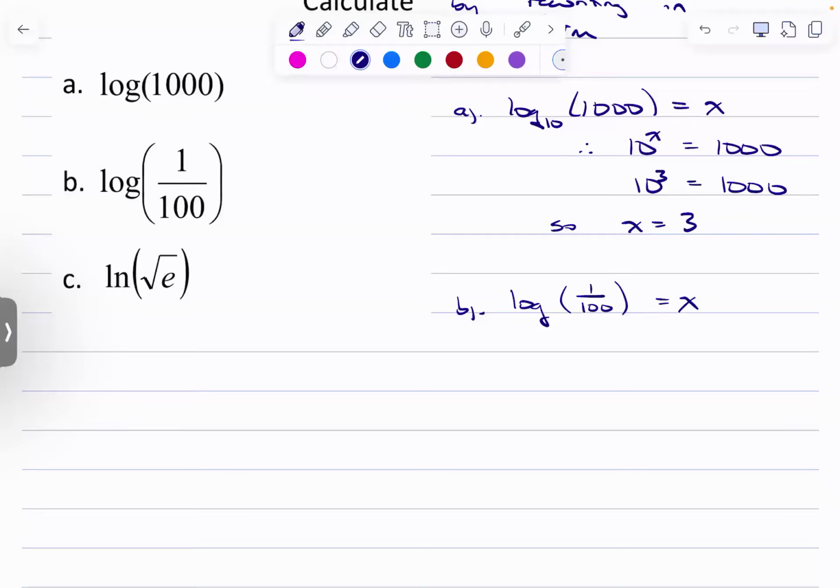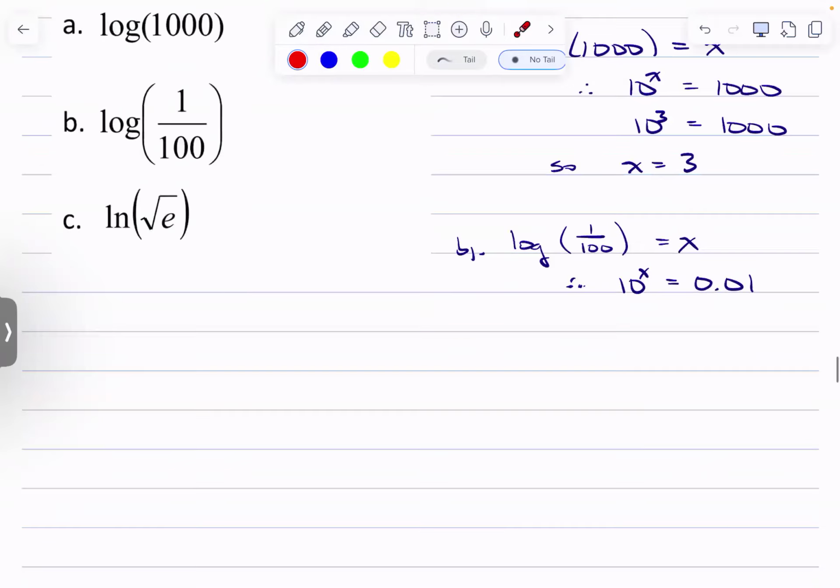If I rewrite it in exponential form, then I have 10 to the power of x is equal to 1 over 100, which, if you prefer, you could write as a decimal, 0.01. That's really moving the decimal 2 spots.